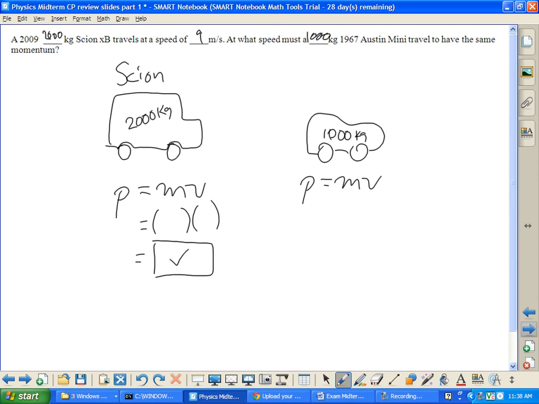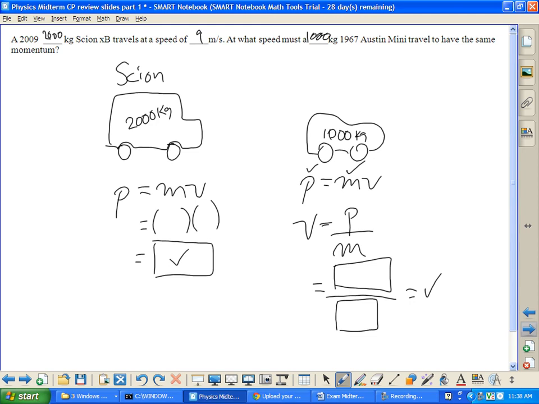That means for the mini, you know the momentum, you know the mass, so express it in terms of the velocity. So you take that known amount of momentum divided by the known mass of the car, and bingo. And then just look it up in the answers.